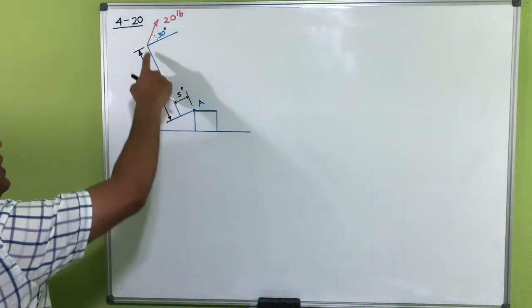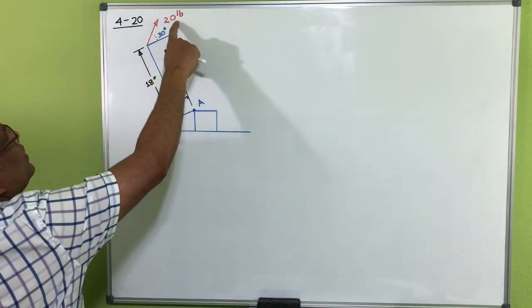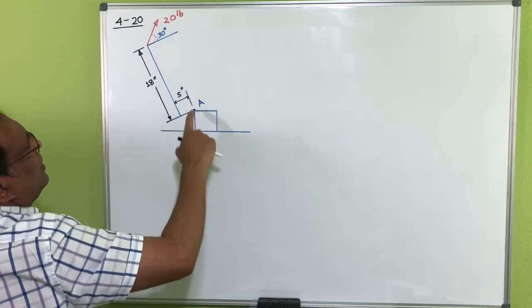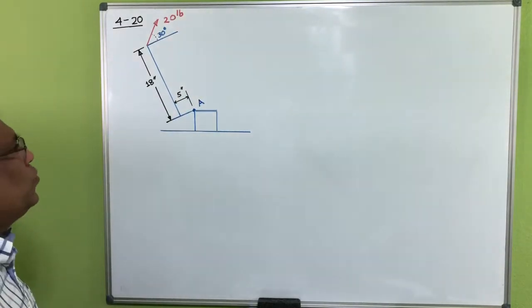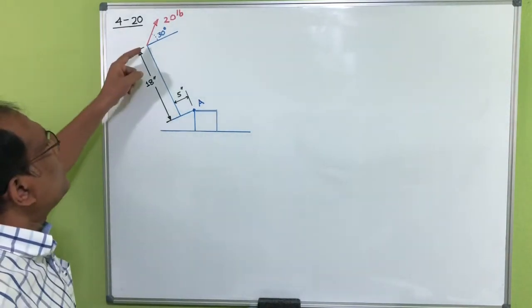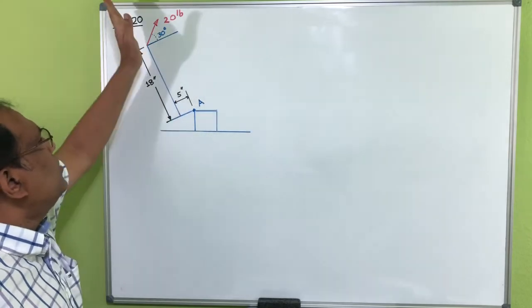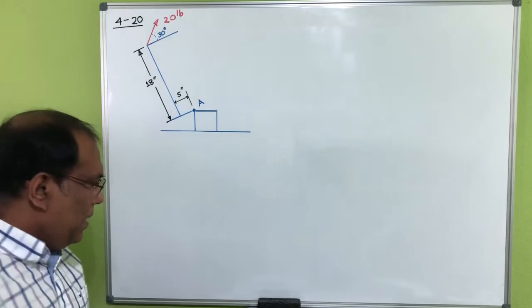I just simplified that hammer here, and they are showing that this one is 20 pounds working here. You have to find out the moment at point A. So there is just one force here. You can resolve that force into two components, this way and this way, because the distance here and here is given.